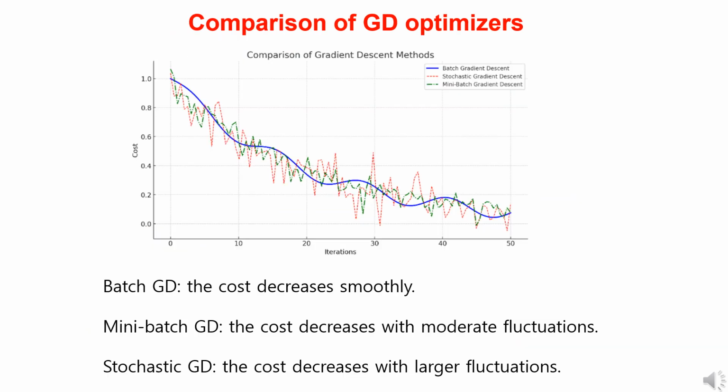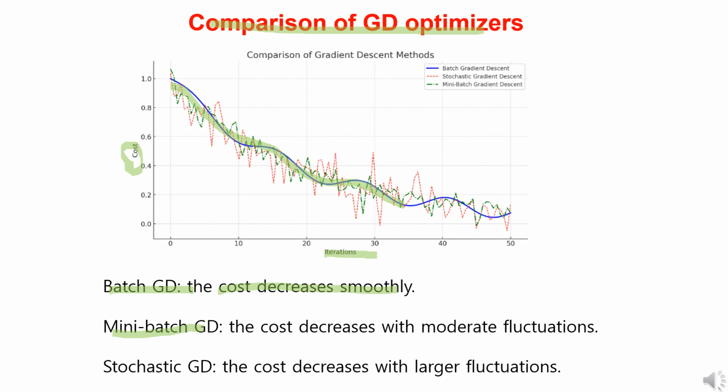Let's further compare the characteristics of batch, mini-batch, and stochastic gradient descent. When we look at how the cost function decreases during model training, the batch algorithm uses all the data, so it reflects the average trend. As a result, the cost function decreases smoothly with minimal fluctuation. In the mini-batch algorithm, since each mini-batch contains only a portion of the entire dataset, the gradient varies slightly between batches.